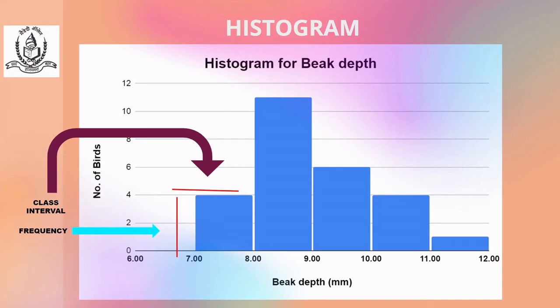The frequency, that is the number of birds which fall into each category of beak depth, is clearly visible. This histogram tells us about the overall spread of the data and also indicates the variation is continuous within the range of 7 to 12 mm.